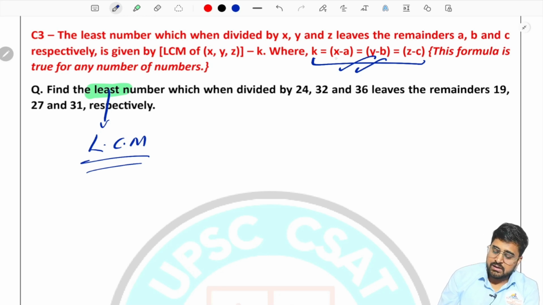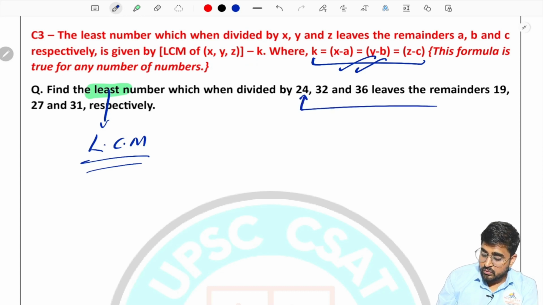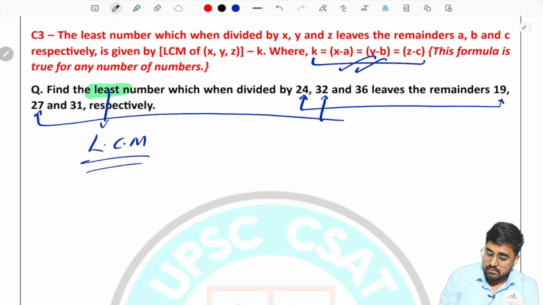Otherwise, if the condition is not fulfilled, this is not possible to solve via this method. Okay, so 24 minus 19 is 5, 32 minus 27 is 5, and 36 minus 31 is 5.